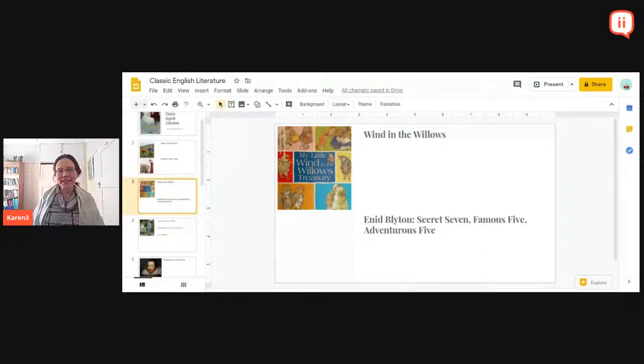So, have you heard of The Wind in the Willows? About the animals. The mole is the first person we're introduced to. Then the rat. Then the badger. Then the toad. Those four creatures, mostly. And Kenneth Grahame wrote it against the motor car because he did not like the motor car.